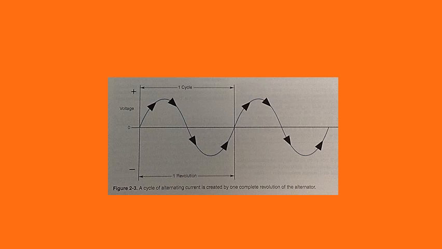This constant change in direction is represented by a sine wave in figure 2-3. In the United States, the standard current is 60 cycles, also known as 60 Hertz. Hertz is a term for frequency, meaning cycles per second.